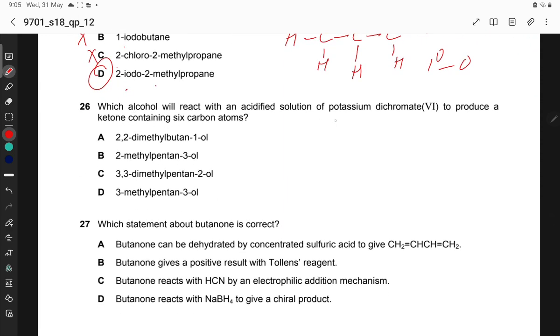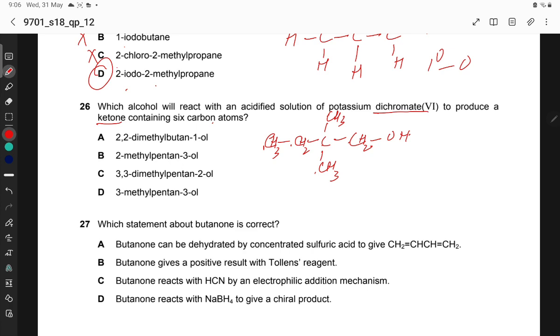Which alcohol will react with an acidified solution of potassium dichromate to produce a ketone containing 6 carbon atoms? 2,2-dimethylbutan-1-ol: CH3, CH3, CH2, CH2, CH3. 1, 2, 3, 4, 5 and 6.